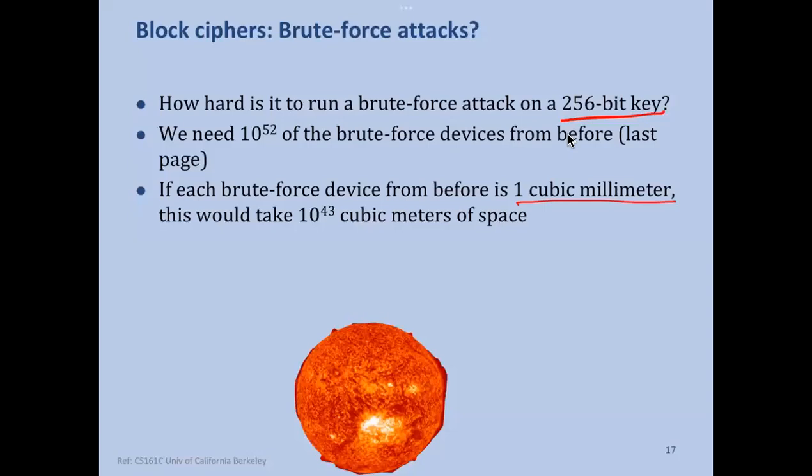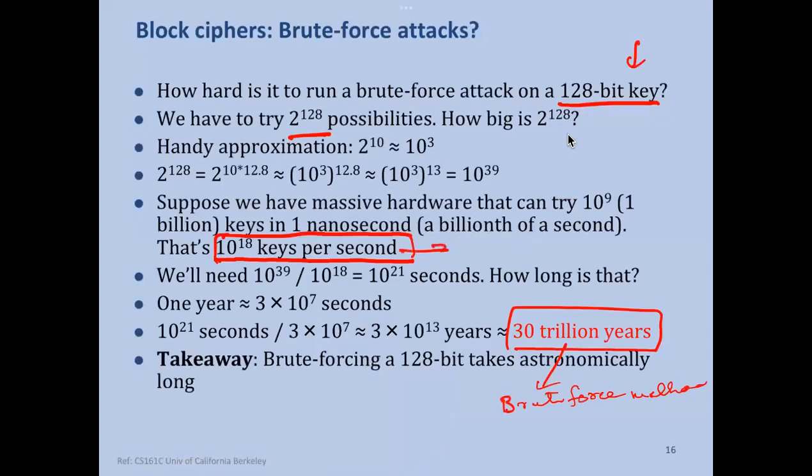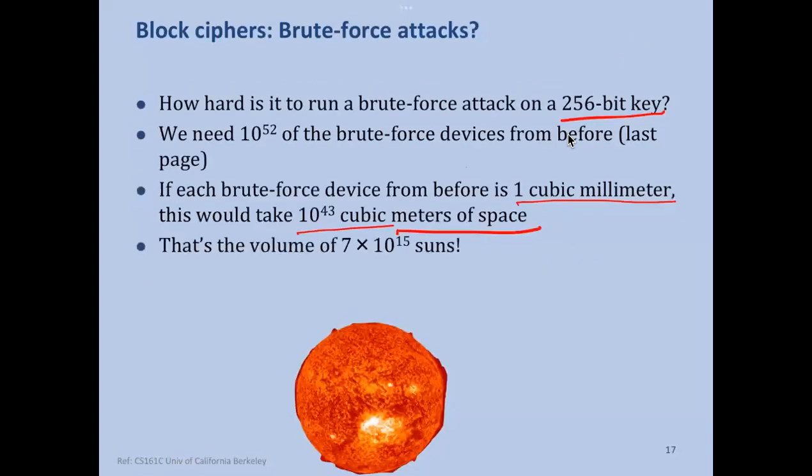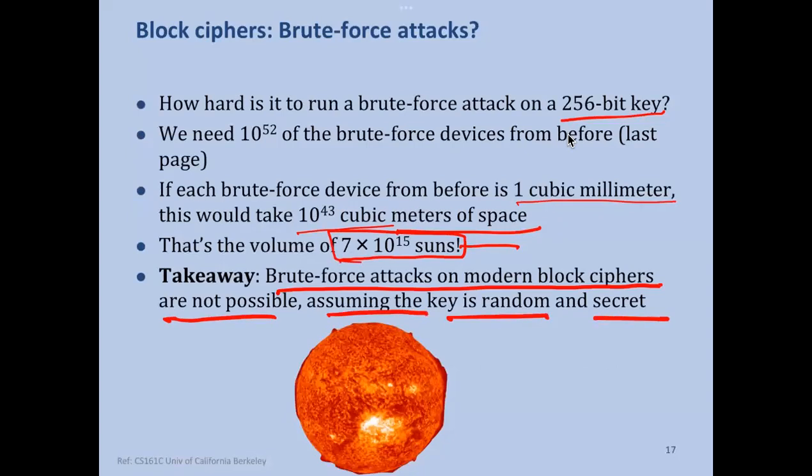This will require 10 raised to 43 cubic meters of space, where each computer works at the same speed. That is equivalent to 7 times 10 raised to the power 15 suns. So brute force methods on modern block ciphers are not possible, assuming that the key is random and secret.